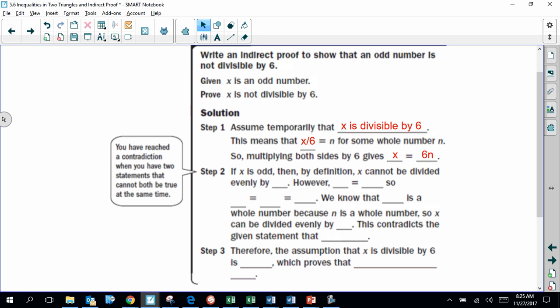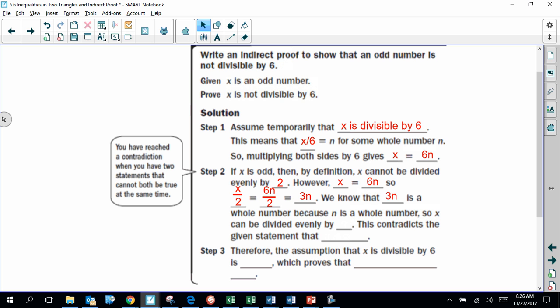So moving on to step 2, if x is odd, then by definition x cannot be divided evenly by 2. However, that means that x is equal to 6n. So if I divide by 2, I will get, in this case, 3n. Well, that means that I can actually divide by 2. I can divide by an even number.